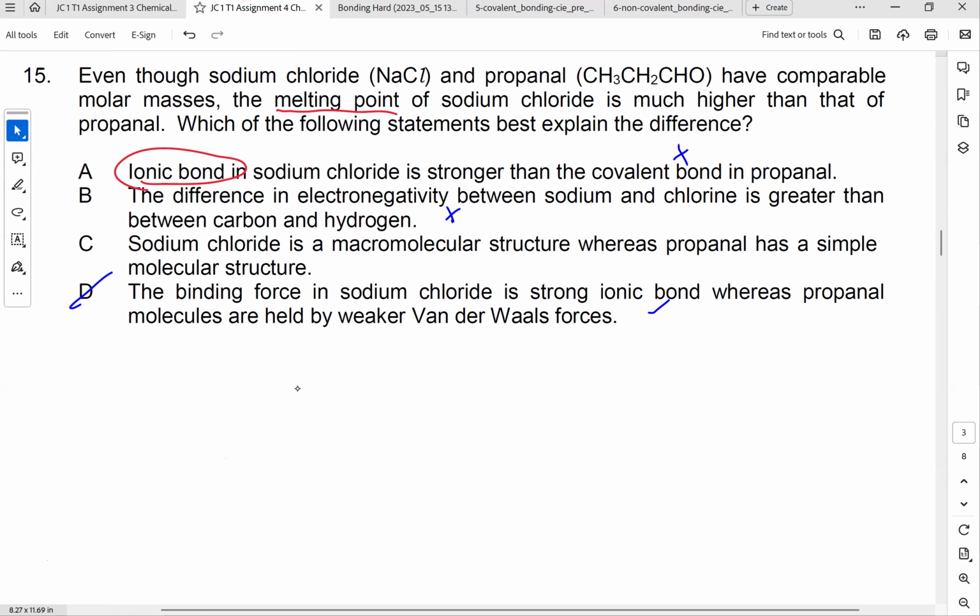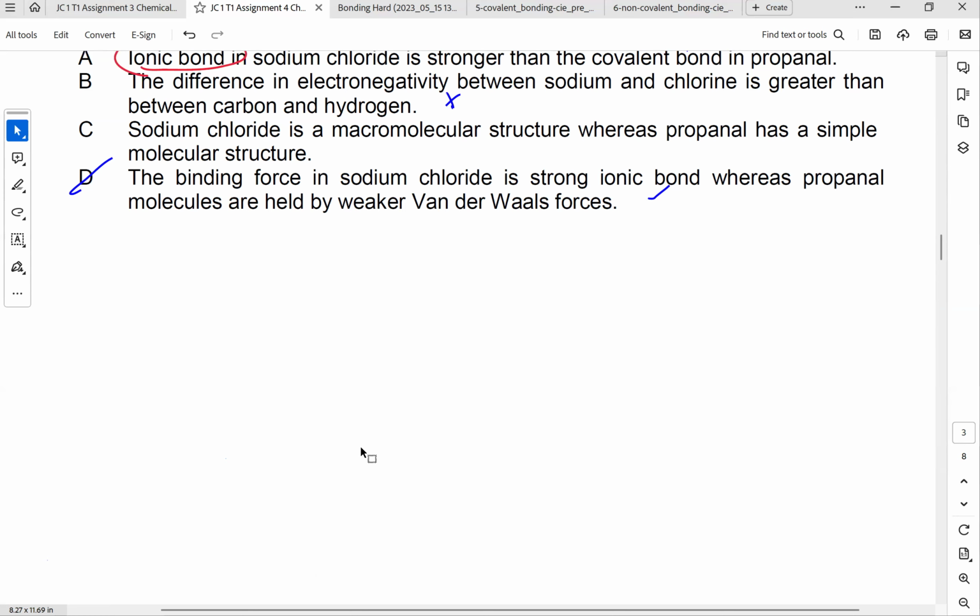But in covalent substances, when you melt something of simple structure, you actually overcome the intermolecular force, not the covalent bond. That's why A is wrong. Okay. Any question? 15?